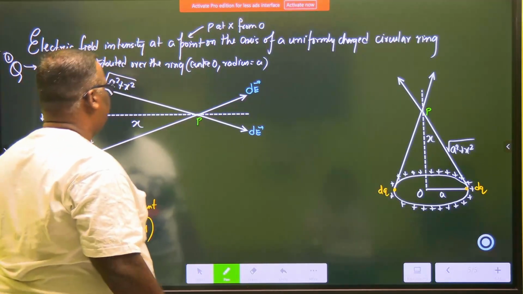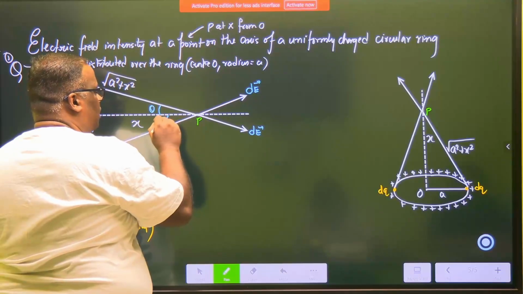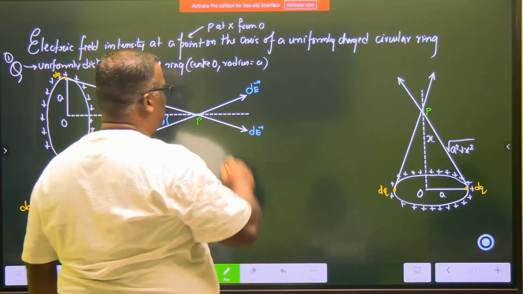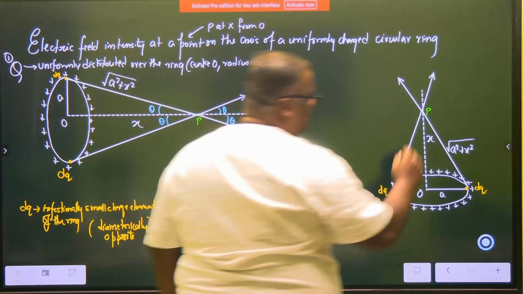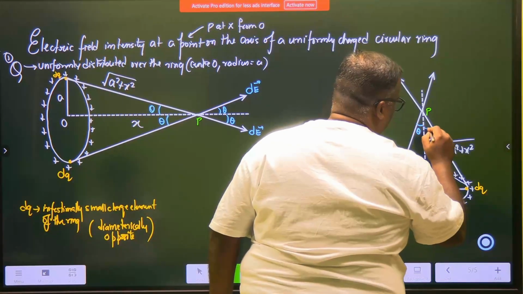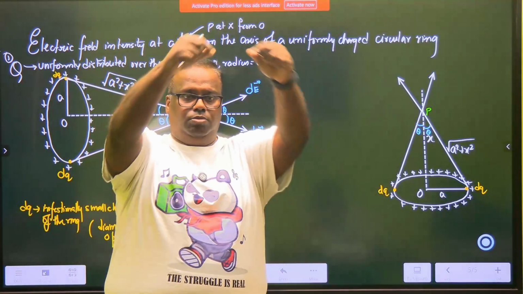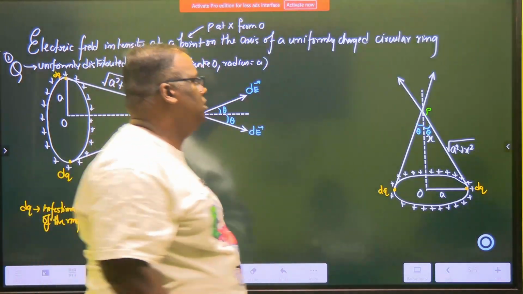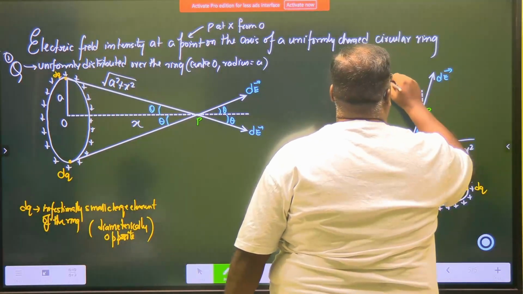Fine. And let them make an angle theta each with here, theta. So this side also we have theta and theta. Obviously the angle will be the same, since you are drawing from diametrically opposite points. So this is dE and this is also dE.